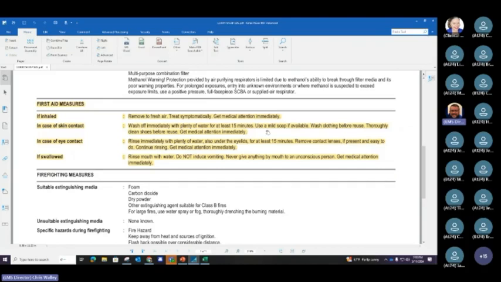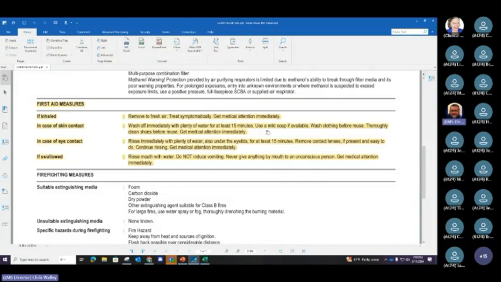Thoroughly clean shoes before reuse and get medical attention. So that's telling us we can use a soap. When they say a mild soap, Dawn is really good. A lot of your facilities will have Dawn or a hand cleaner soap. Most of the time, your hand cleaner is going to have some grit in there, and what that grit is doing is just trying to take it off the skin.